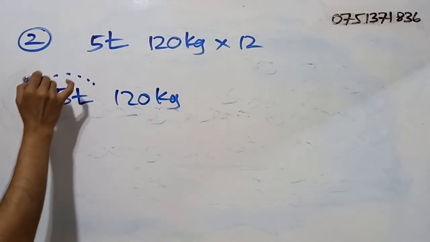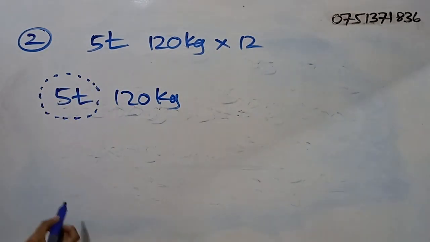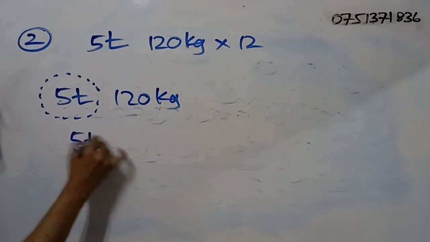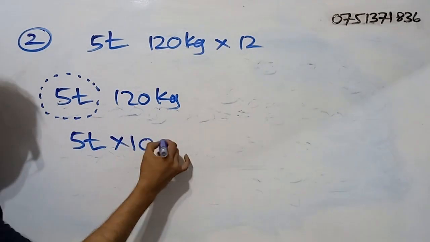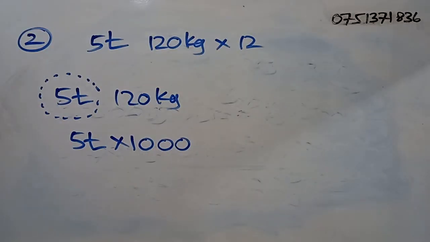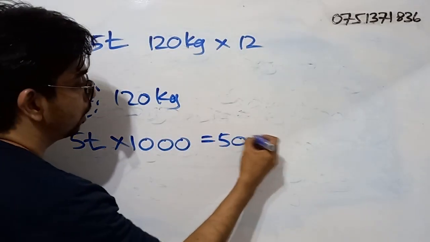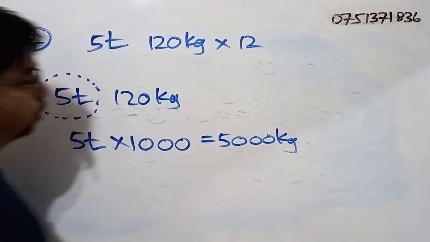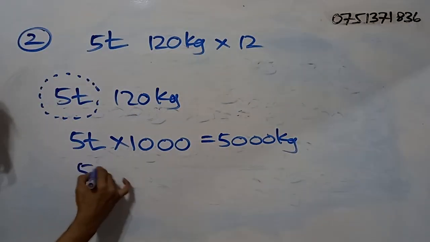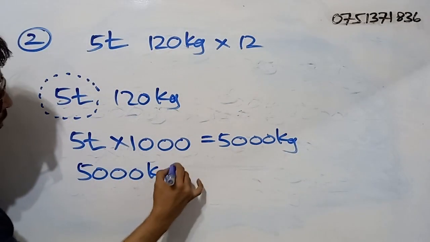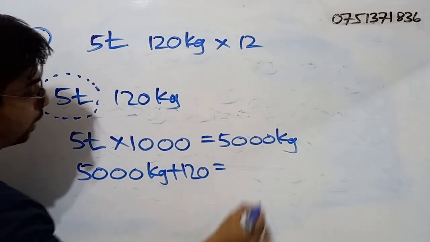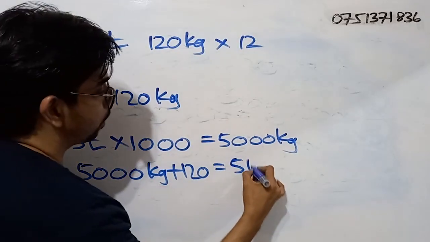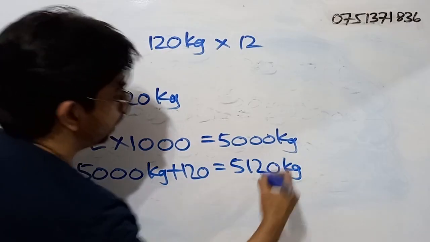So we need to convert only this amount, right? So 5 tons, we need to multiply that by 1000. So this becomes 5000 kilograms. So to 5000 kilograms, we need to add 120. So this becomes 5120 kilograms.